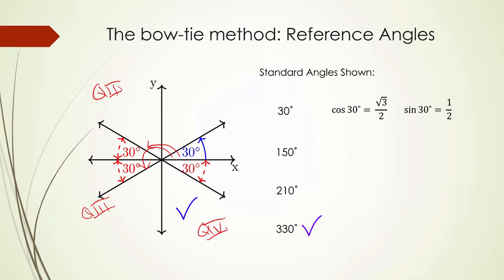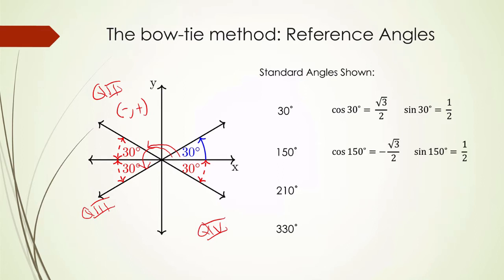We know the value. Cosine of 30 is root 3 over 2. Sine of 30 is 1/2. We're just going to take those values and maybe adjust for a negative if need be, depending on what quadrant the angle rotated to. In quadrant 2, we would have negative for cosine and positive for sine.